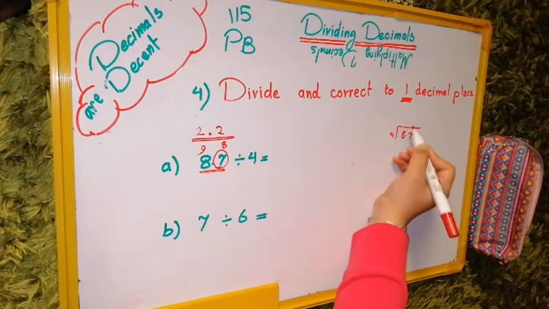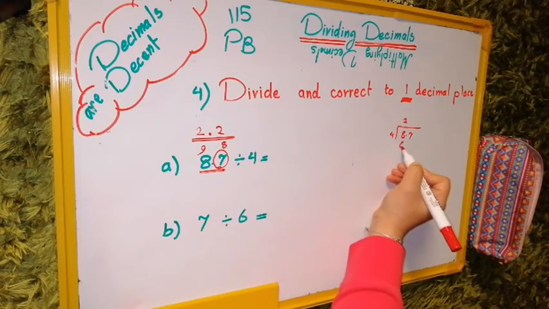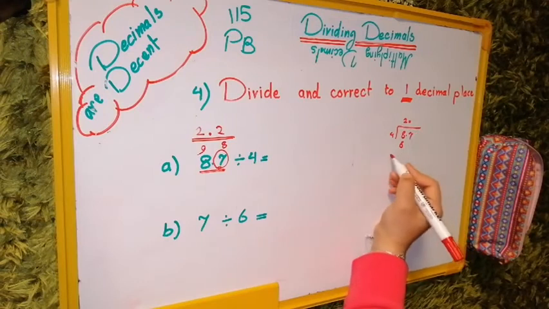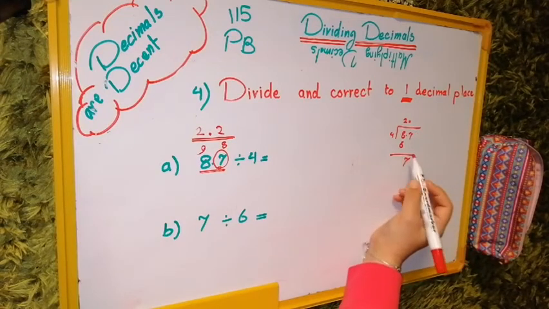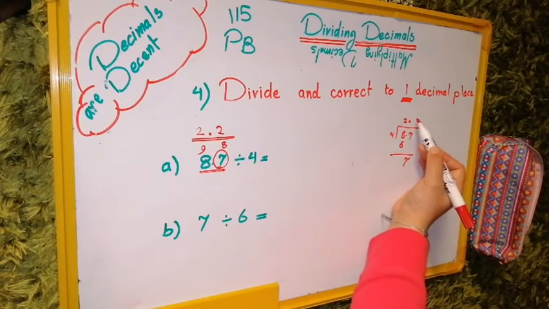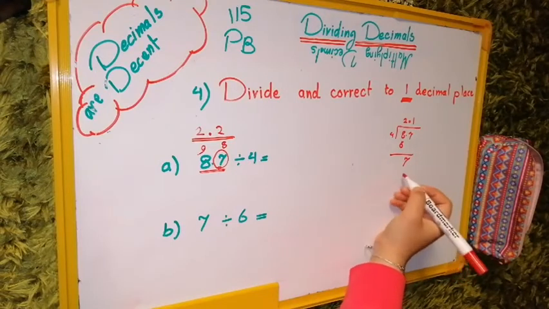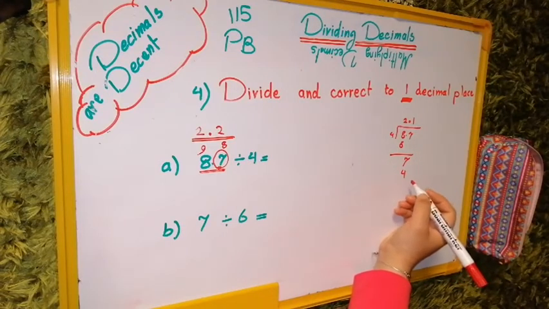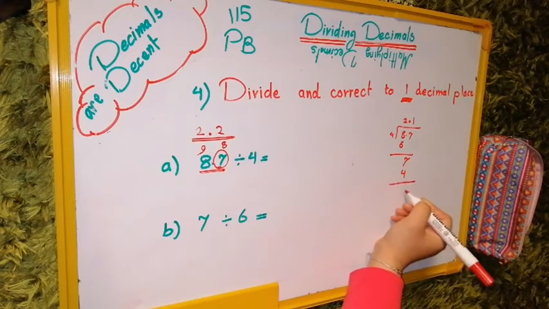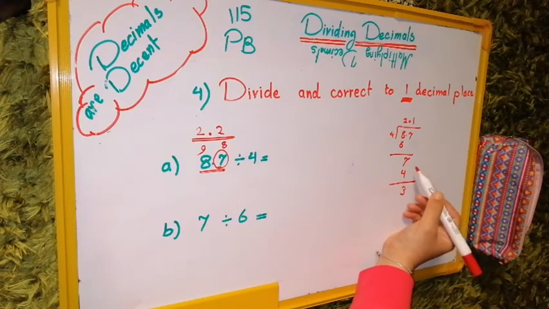8.7 divided by 4. 2 4s are 8. Put my point. Here I have 7 divided by 4. So here what can I do? I got to put 1, right? 1 times 4 is 4. Here I have 3. So what?